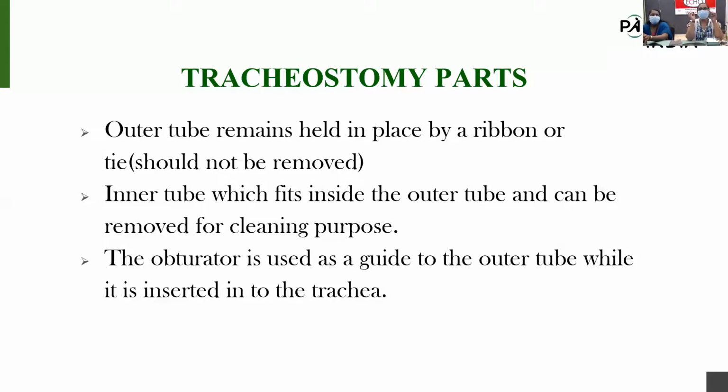If this is the outer tube and this is the inner tube, it will be fixed like this, so basically it would look like this. The obturator is used as a guide to the outer tube while it is inserted into the trachea. When we insert the outer tube, we use the obturator to guide it into the trachea.